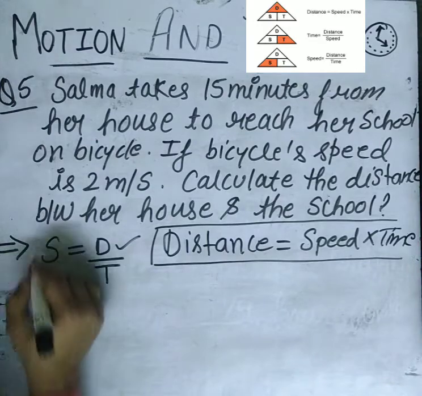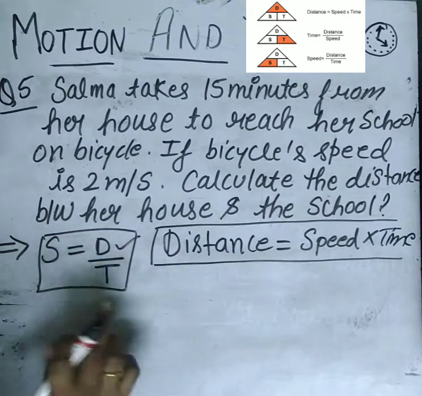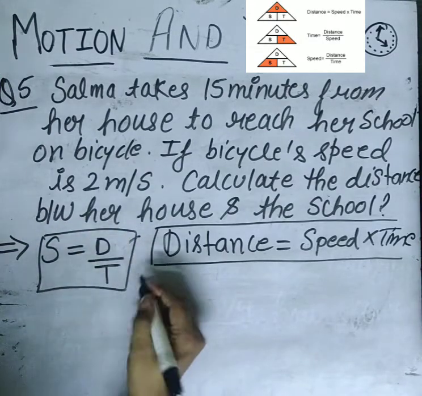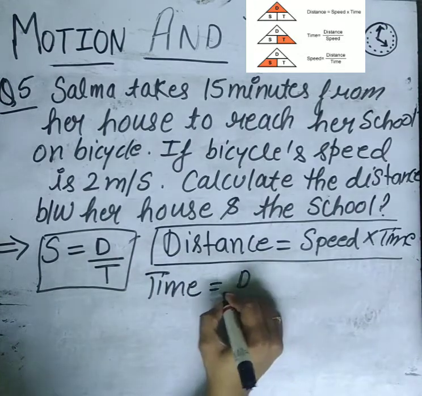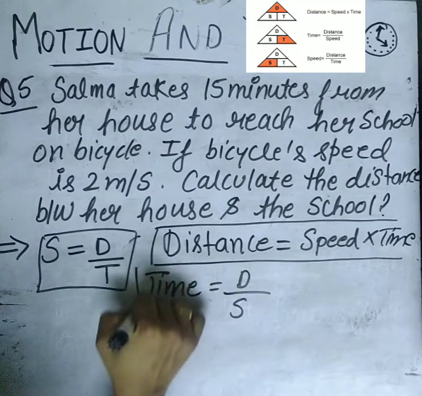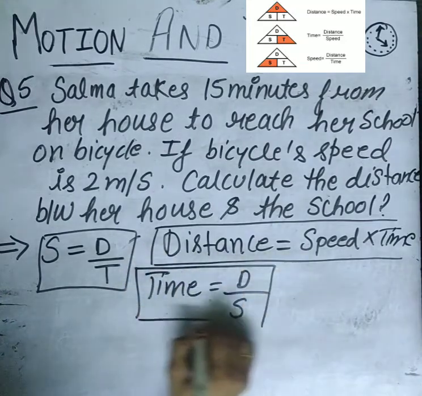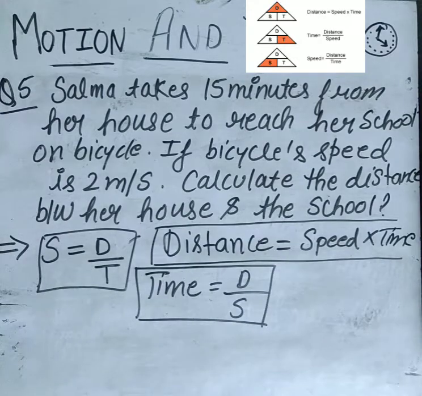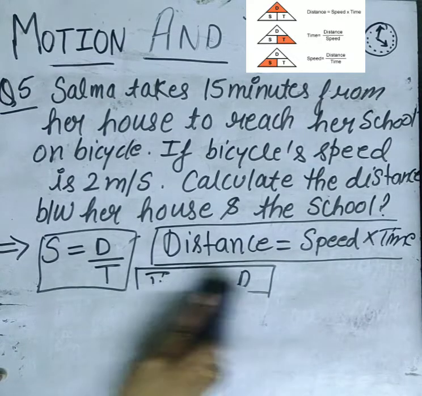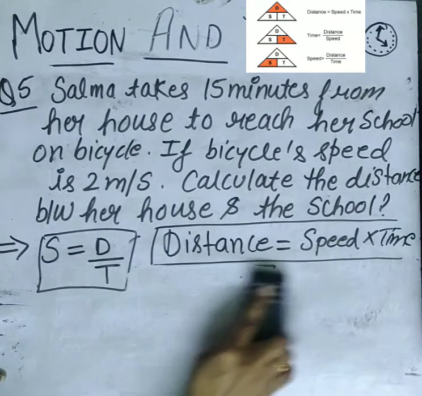Similarly, if you want to calculate time for something, using this formula only we can get that too. So your time will be equal to distance upon speed. So these are the 3 things which you have to keep in mind. Here we will be using this formula, that is distance is equal to speed into time. Now let's see.